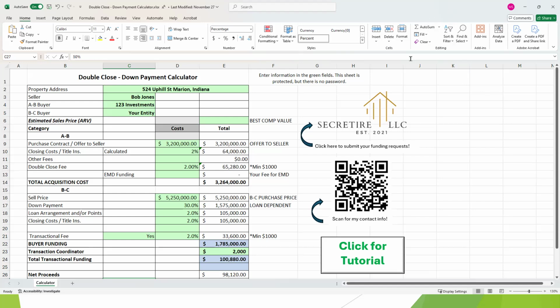And on the double closing side, I have access to funds up to $100 million, and that's typically going to be 2-3%, depending upon the situation. If we're funding the down payment and transactional funding, that one's a little more nuanced, and it's probably closer to 3-4%.